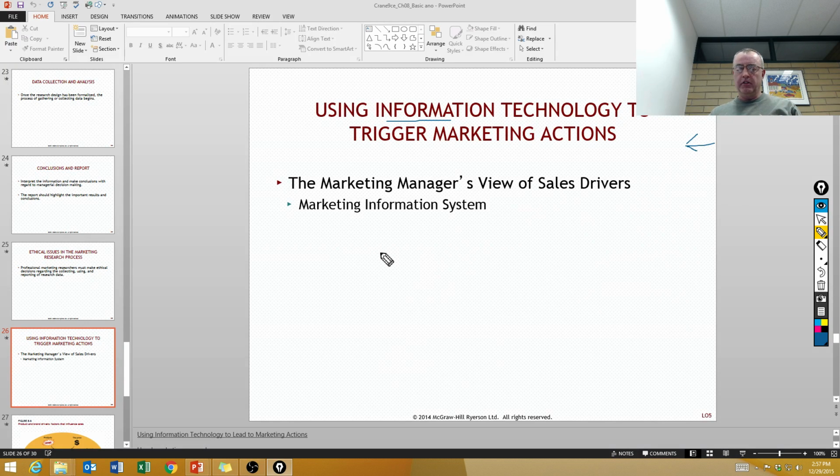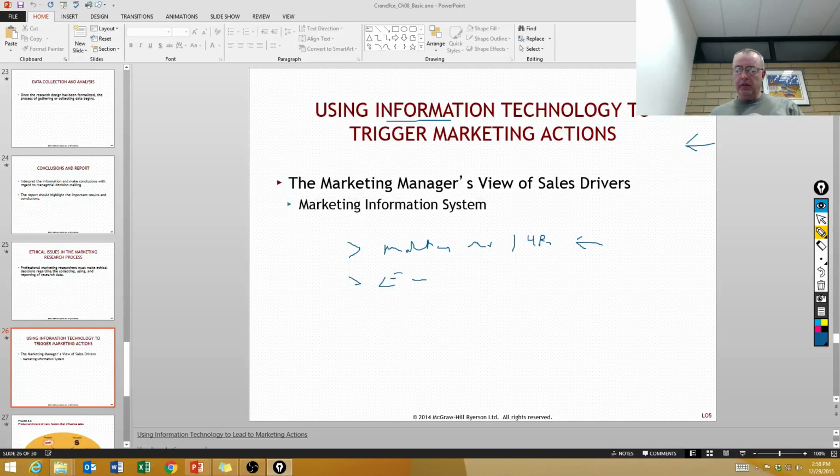We have controllable influences, otherwise known as the marketing mix, otherwise known as the 4 Ps of marketing. So the marketer controls these variables, and then of course we have environmental factors, which are non-controllable factors. So both these types of factors can influence purchasing decisions.